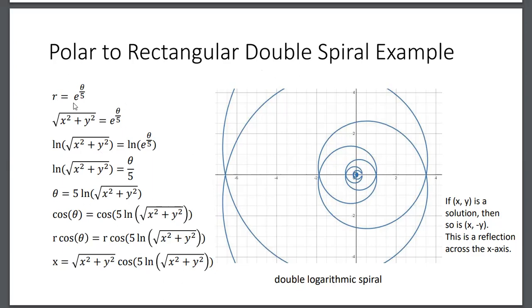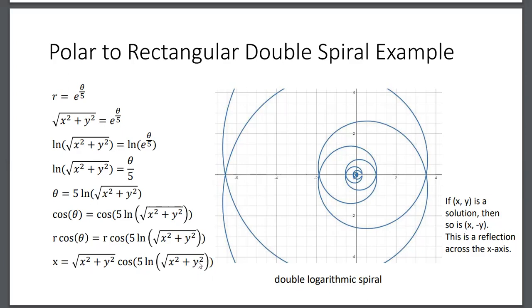Because this conversion was not totally equivalent. It ended up with something extra. Notice in our final equation that if (x, y) is a solution to this, which means it's a point on the graph, then (x, negative y) will also be a solution, because if you replace y with negative y, you're squaring it.